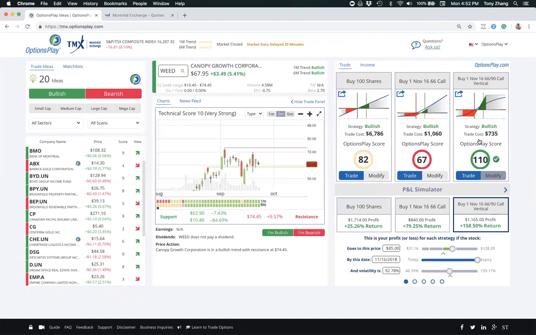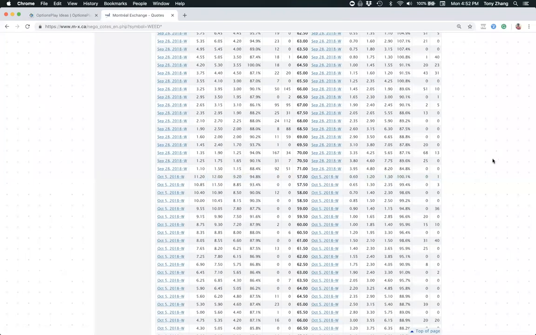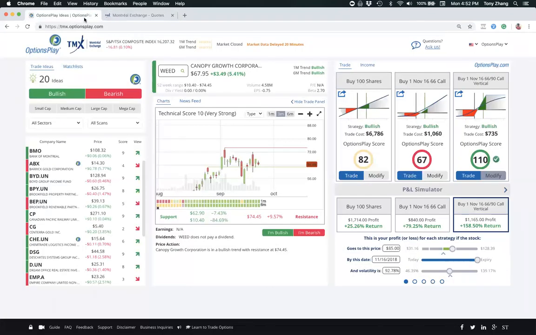But as you can see, the strategy here on the right gives me a 158% return if I am correct, and Canopy Growth goes up to 85. So this is really where it allows you to compare multiple strategies that you can't do when you're just looking at an option chain, and actually say, well, instead of buying the stock, if I bought a call option, how did these strategies perform? These are the types of things that you need to do in order to decide which one should I trade.